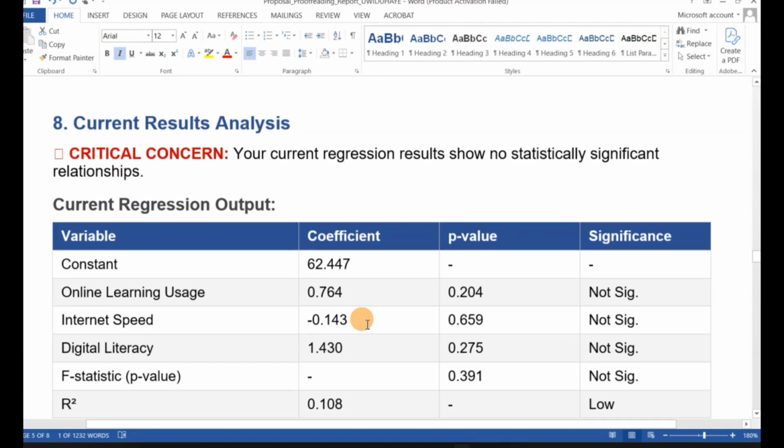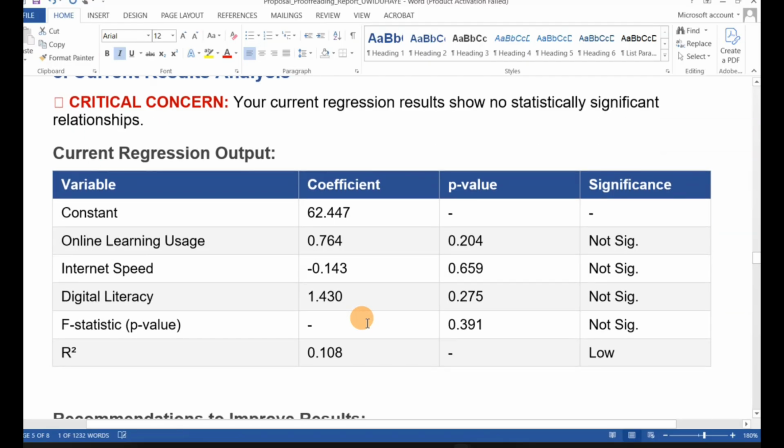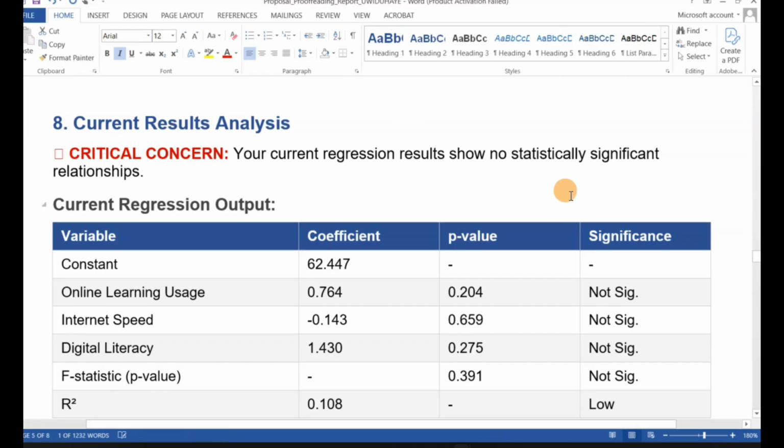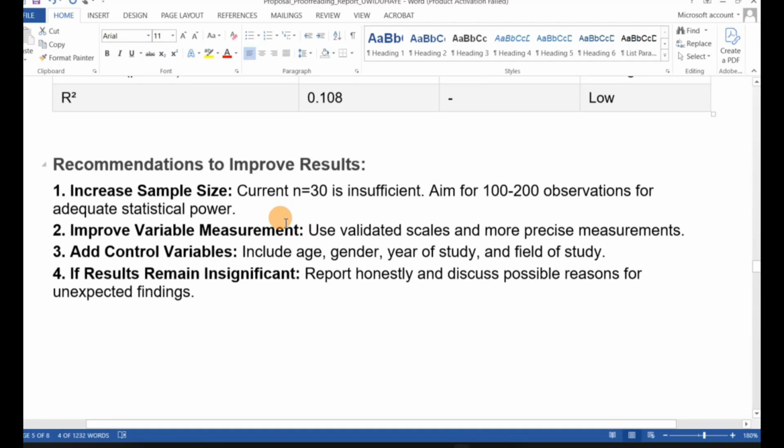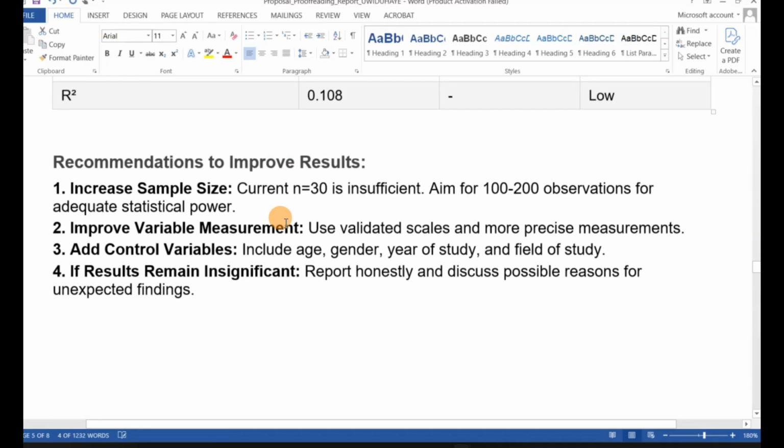Critical concern. The critical concern will be that it may result in non-statistically significant findings because of the time and also the availability of the data set. So that's what I'm predicting could happen to your topic.